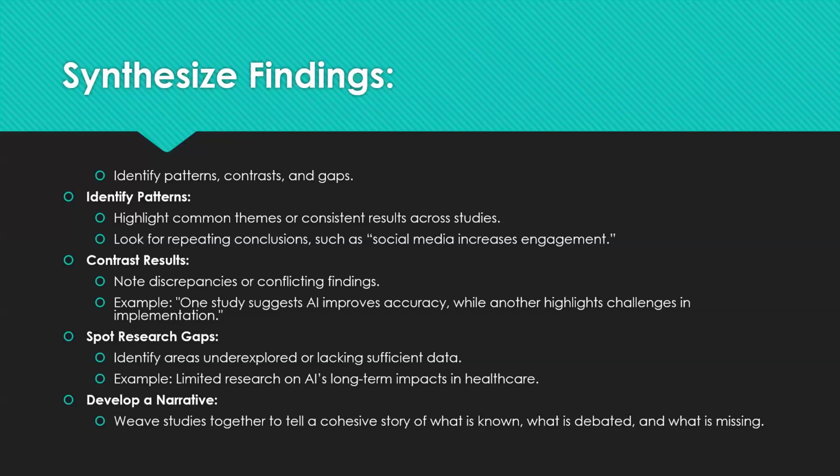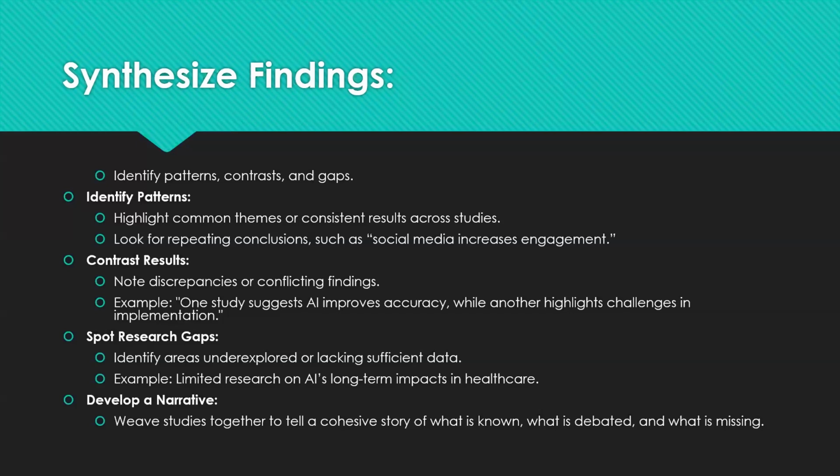The next one talks about contrasting results. In contrasting results, what are the discrepancies and conflicts you find in your studies? For example, one study might suggest AI improves accuracy, while another study highlights the challenges in implementation.